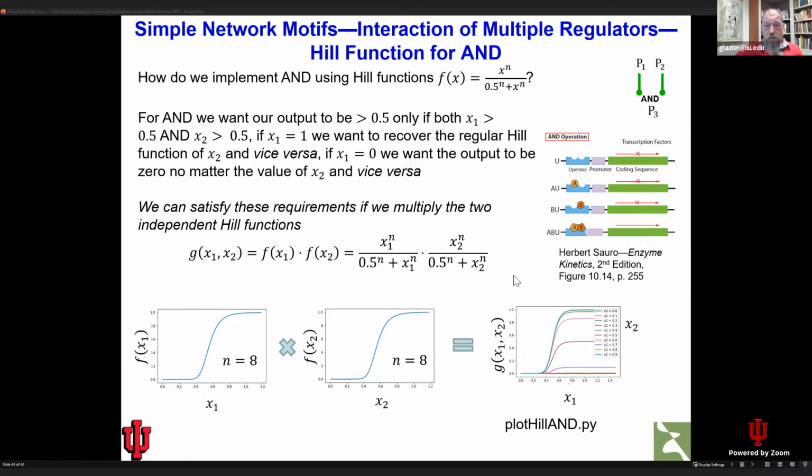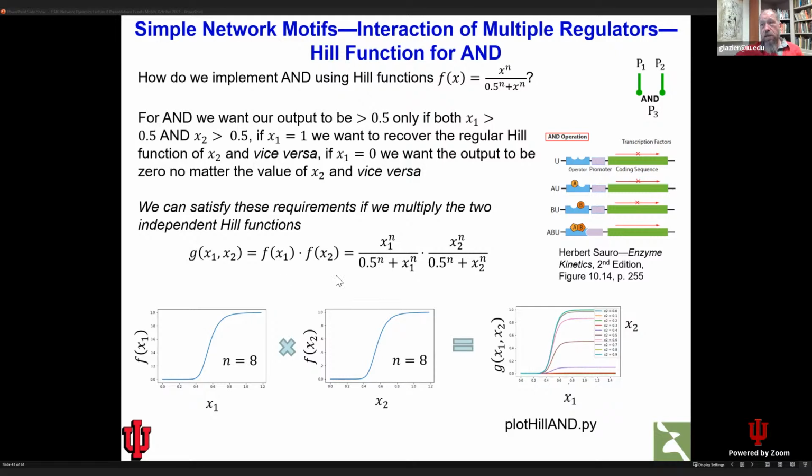AND is pretty easy because AND as a logical operation is multiplication. And in biology, this happens with situations where the transcription factor only binds if both A and B sites are occupied by the promoter. And that's pretty common. You need both signal A and signal B to turn on the gene.